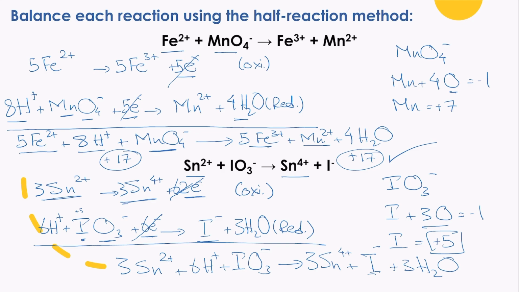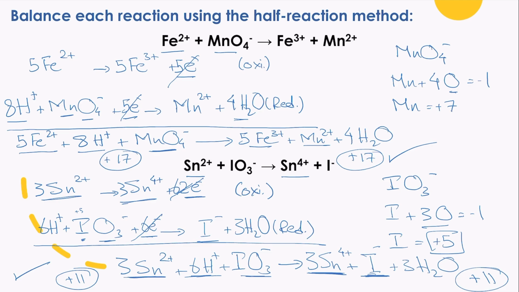We need to check the charge now to make sure that our work is correct, or if there is something wrong. We have here +6 plus 6, so 12, minus 1, so we have here +11 in the reactants. We have here 12 plus 12 minus 1, so we have in the products also +11, so our work is correct.